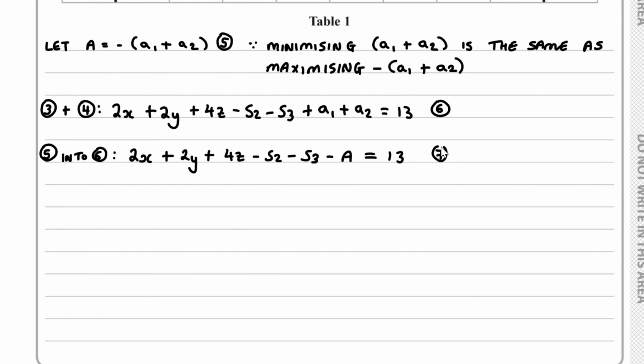We'll call this equation 7, and if we multiply equation 7 by minus 1, you'd find here we have a minus 2x minus 2y minus 4z plus s2 plus s3 equals minus 13. We'll call this equation 8.